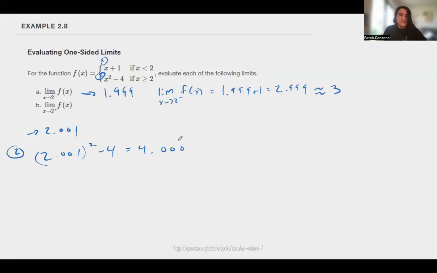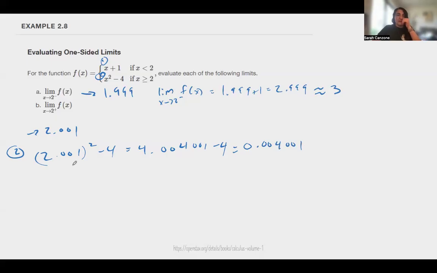Let's check, 2.001 squared is 4.004001, minus 4, so when you subtract that, it is 0.004001.